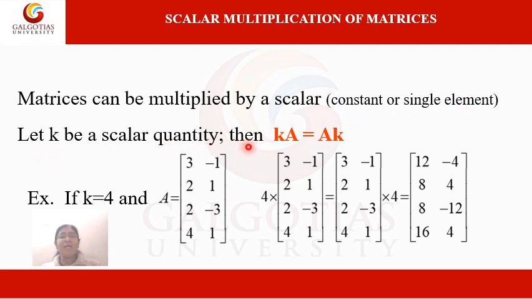Let K be a scalar quantity, then K into A is equal to A into K. So if K is 4 and A is 3, minus 1, 2, 1, 2, minus 3, 4, 1, then 4 into A equals A into 4, where you have to multiply 4 with each entry. 4 into 3 is 12, 4 into minus 1 is minus 4, 4 into 2 is 8, 4 into 1 is 4, 4 into 2 is 8, 4 into minus 3 is minus 12, 4 into 4 is 16, 4 into 1 is 4. So in this way, scalar multiplication of matrices holds.